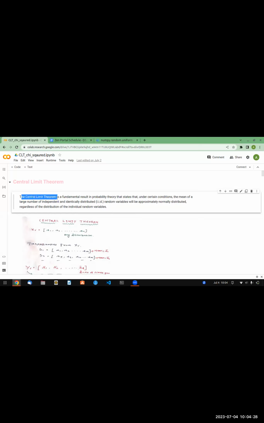The central limit theorem is a fundamental result in probability theory that states that under certain conditions, the mean of a large number of independent identically distributed random variables. This is the X. It should be independent and identical to each other. What is X? That is my random variable, what we are plotting on the X axis.